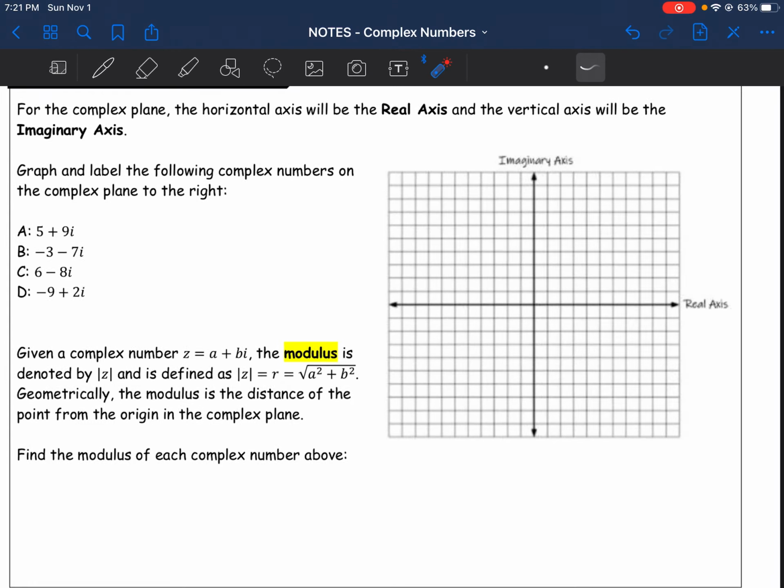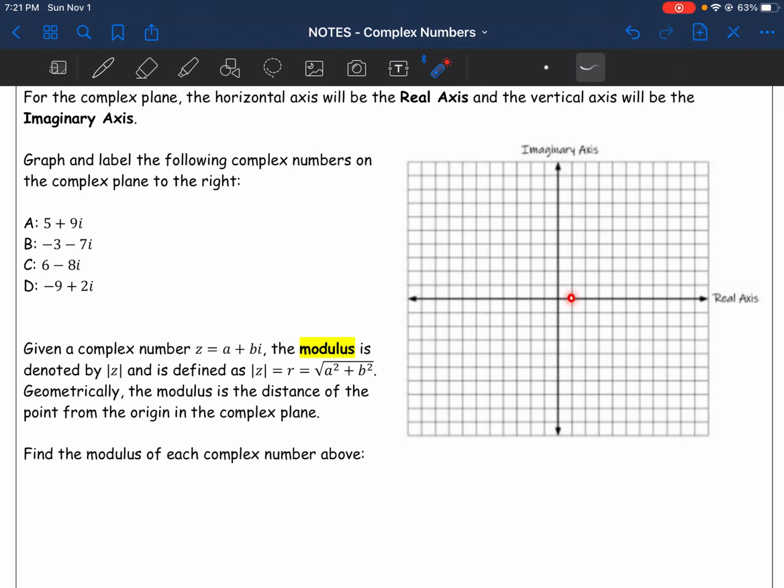So we're going to go to 5 on the real axis. 1, 2, 3, 4, 5. And then we're going to go up 9 on the imaginary axis. 1, 2, 3, 4, 5, 6, 7, 8, 9. Right there. There's point A.